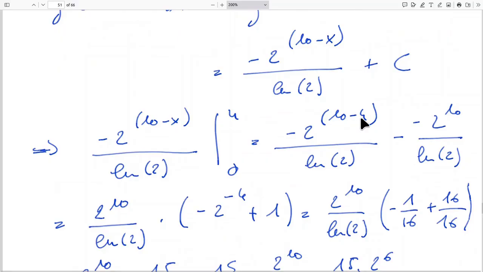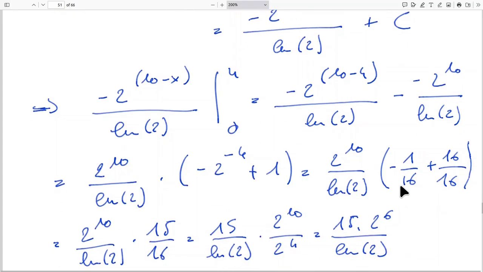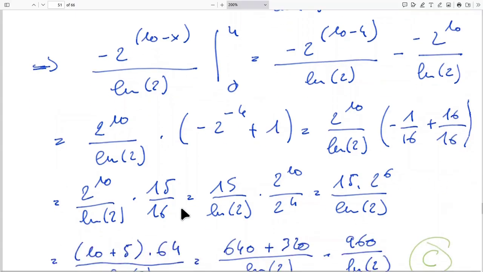Obviously this is 6, but we can just factor out 2 to the power of 10 here, and also the denominator, which leaves us with minus 2 to the power of minus 4 plus 1. Minus minus gives you plus here. So that's 2 to the power of 10 over ln 2 times 1 minus 1/16, or 15/16.